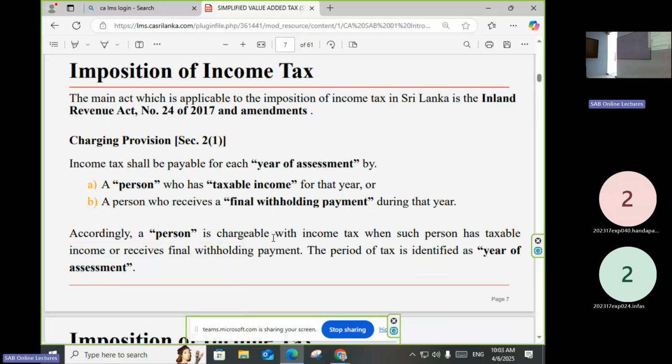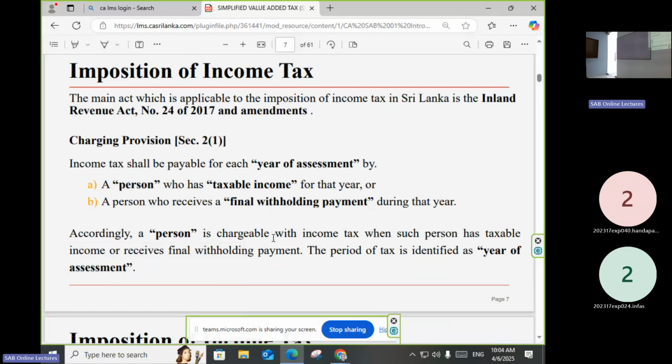That means once the payer or the company deducts tax, I don't have to pay any more tax. I have already paid, so that is my final tax. Whereas, say the bank is paying interest to me, right? When the bank makes the interest payment, effective from 1st April, they deduct 10% withholding tax.